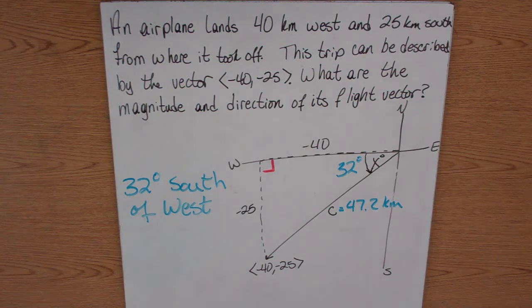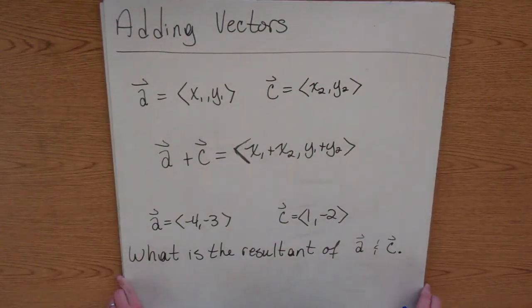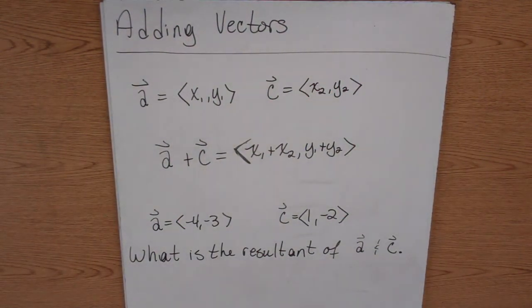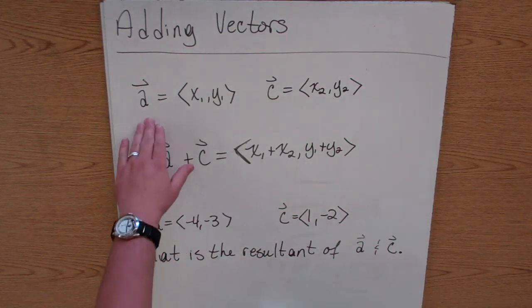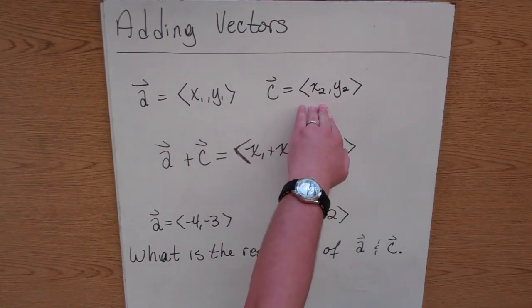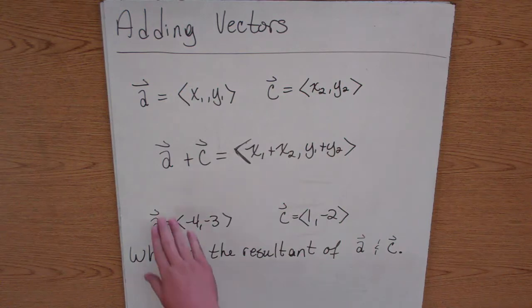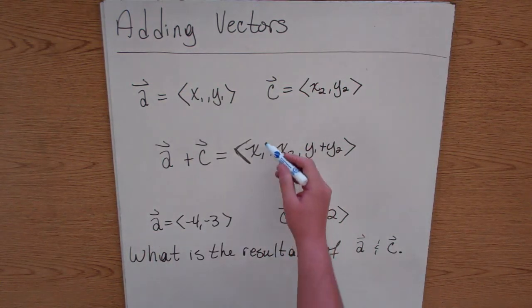Alright, there's one more thing I want to go over. This is the easiest thing when it comes to vectors. Adding vectors together. So when you add vectors together, if we have vector A, which is x1, y1, and vector C, which is x2, y2, to add A to C, and remember, this is your resultant.